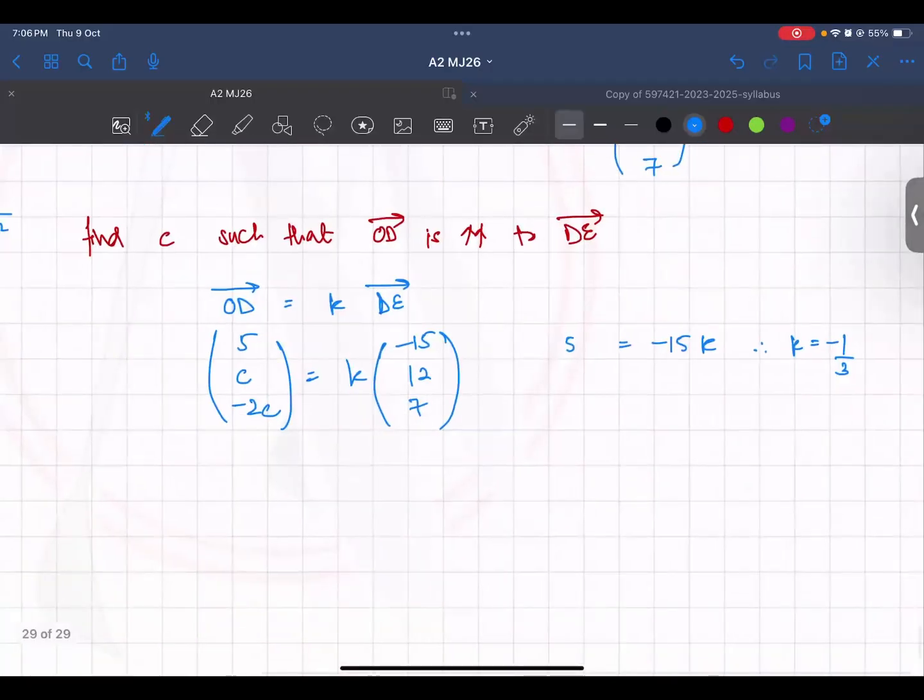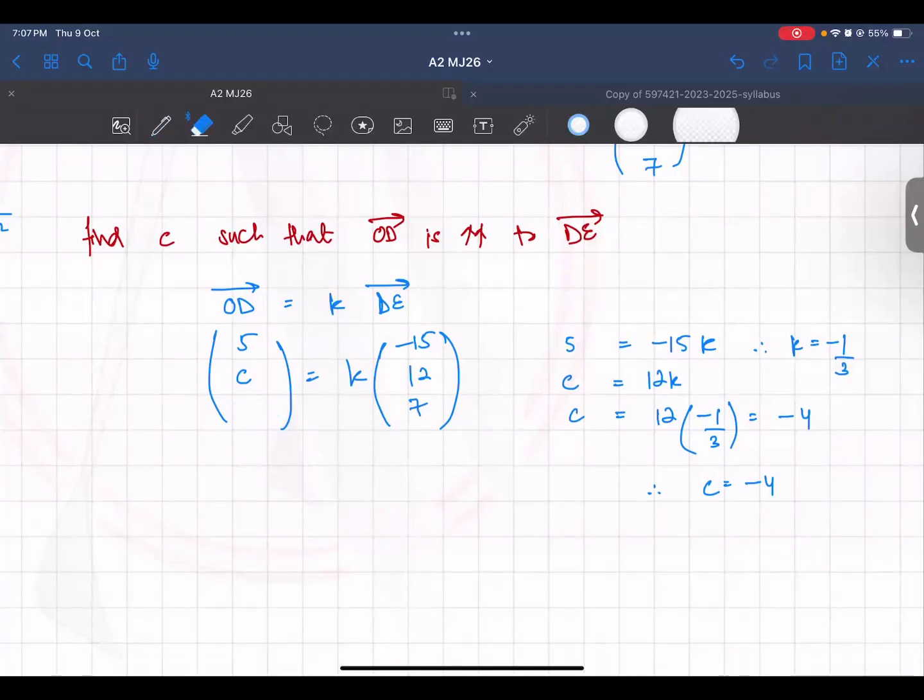Similarly, you would do the same thing. C is equal to 12k. And if you know the value of k, your C will come out as 12 multiplied by negative 1 upon 3, which will be equal to negative 4. I may not have formed this question right. Let me change it. Find C and D. This is D. So now how will you find D?